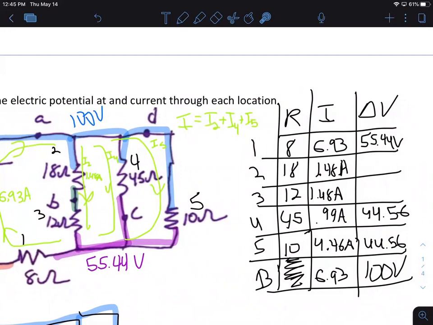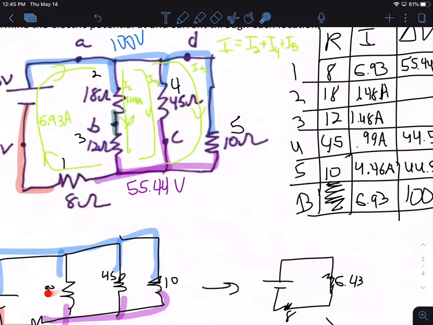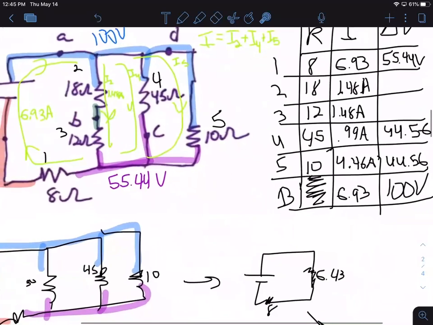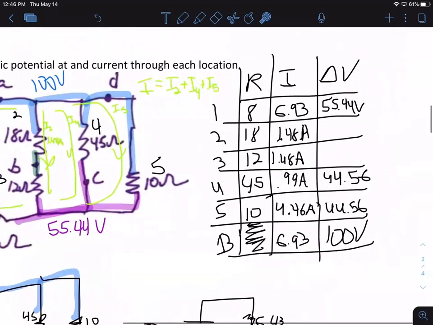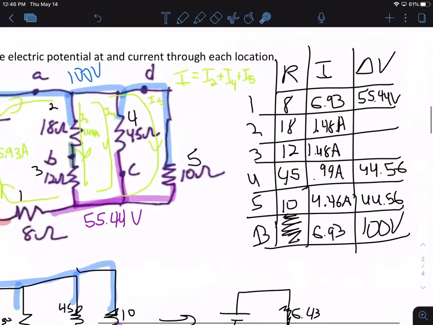Another way we could have solved this is we know that if we treat this as a 30 ohm resistor, it has a change in voltage of 44.56, which we found before. That's blue to purple here. So 44.56 divided by 30 is 1.48. So another way to do it there.